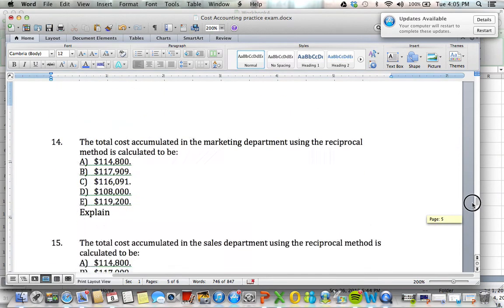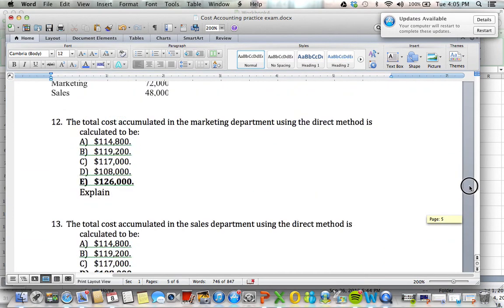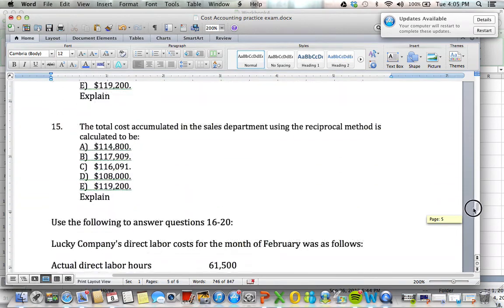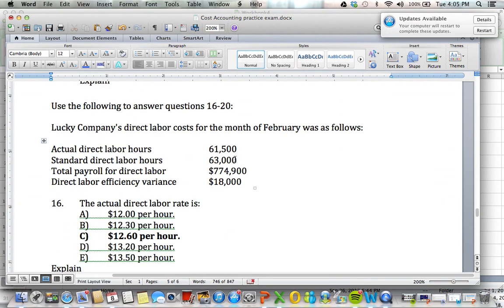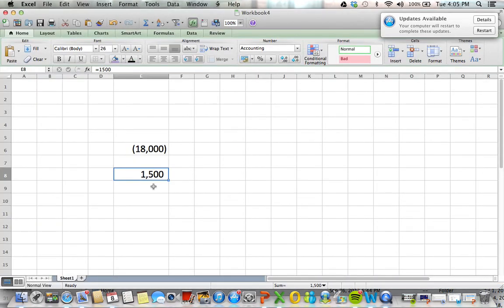Why? Because we see that here. We know that standard hours were 63. Actual came in at 61.5. So we came in short by 1500 hours, so we were beneficial, right? But that number is going to be negative, right? Because we subtract actual minus the standard.